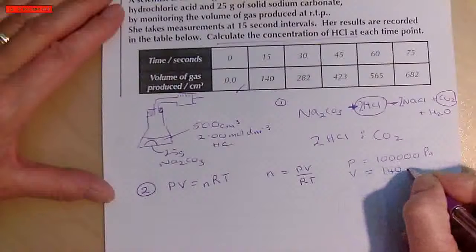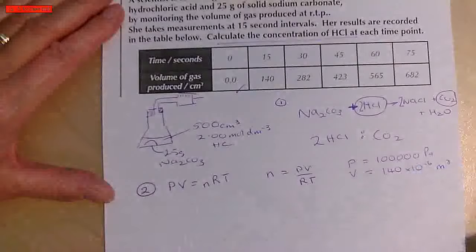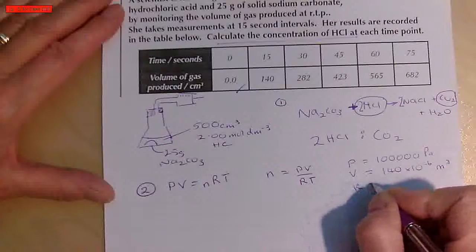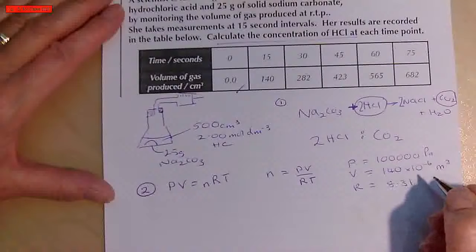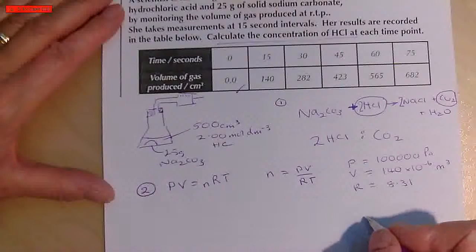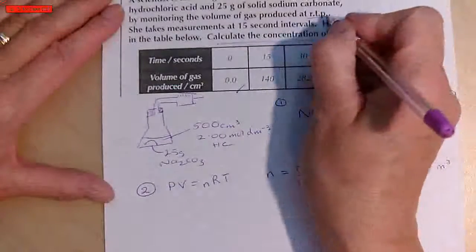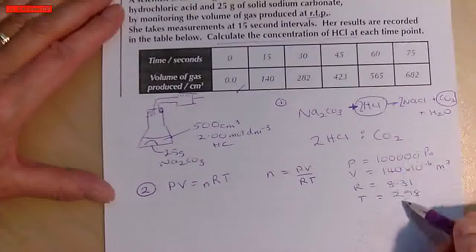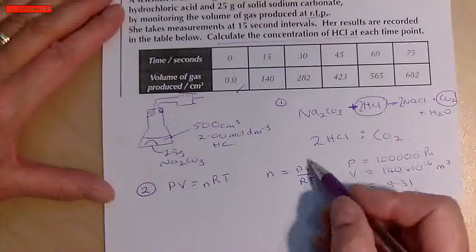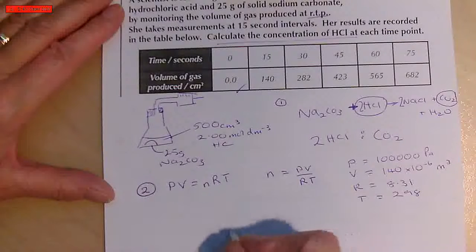V is in centimeters cubed, that's 140 times 10 to the minus 6 meters cubed, so I transfer it to meters cubed. R is 8.31, and T is, it says it's at room temperature and pressure, so that's 298. So I just need to substitute that into this equation.